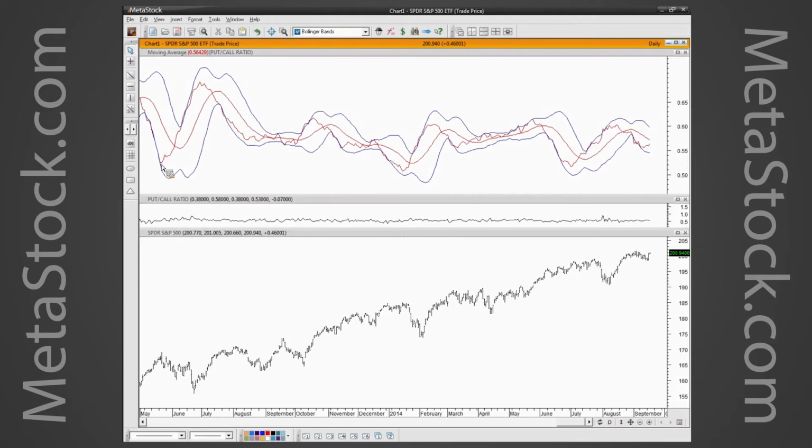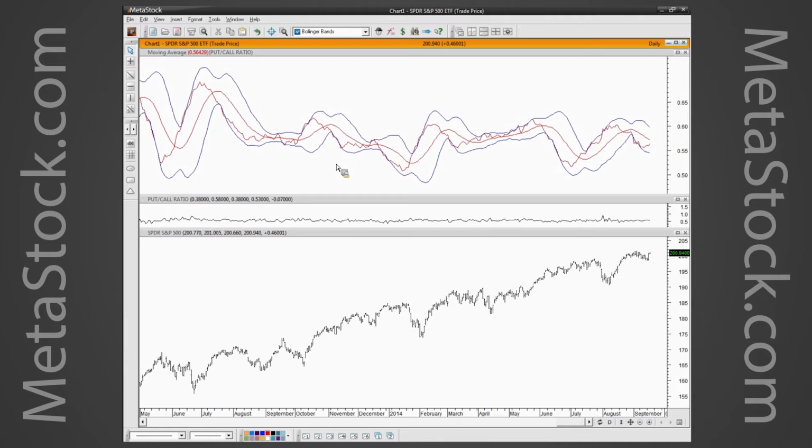and you can see that it does a fairly good job of touching the moving average when it's peaking and troughing. It's not perfect, but it catches them a fair percentage of the time.